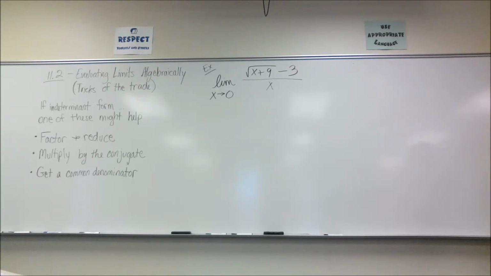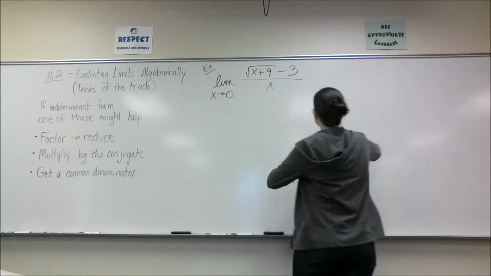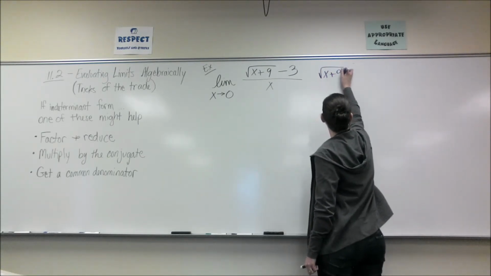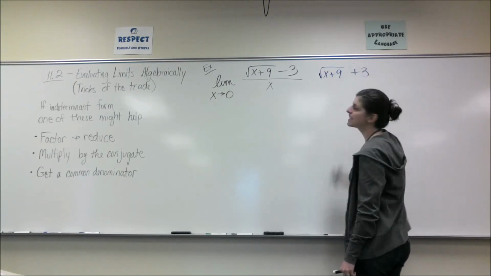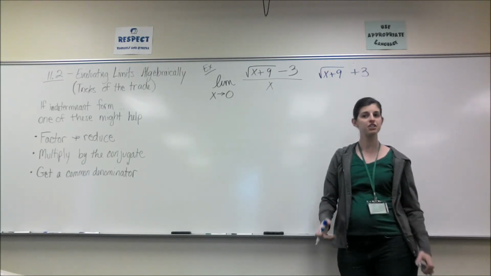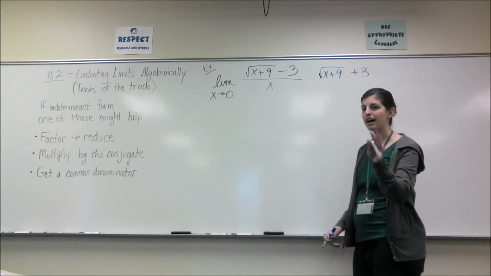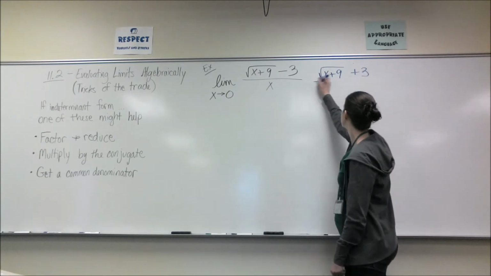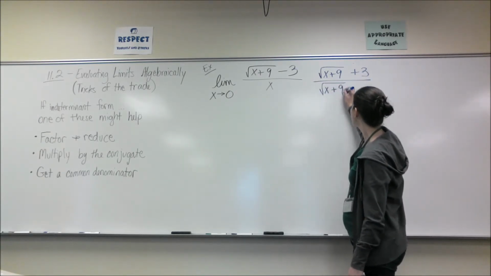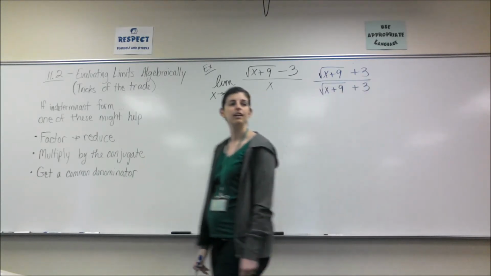Instead of the square root of x plus 9 minus 3, we're going to multiply by the square root of x plus 9 plus 3. That's the conjugate. You change the sign in the middle. We'll talk about how it multiplies together in a minute. We're going to do that on the top and the bottom. You always want to multiply the fraction top and bottom by the same thing. If you don't, you change the fraction.